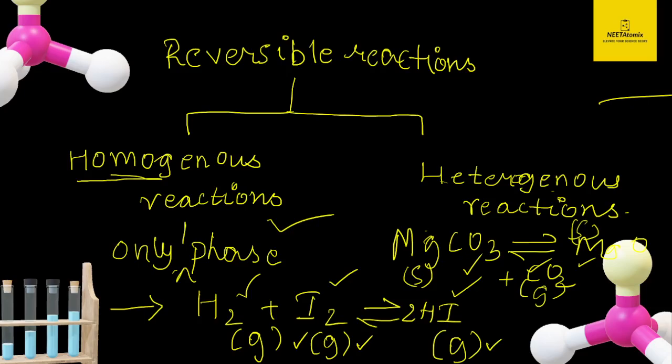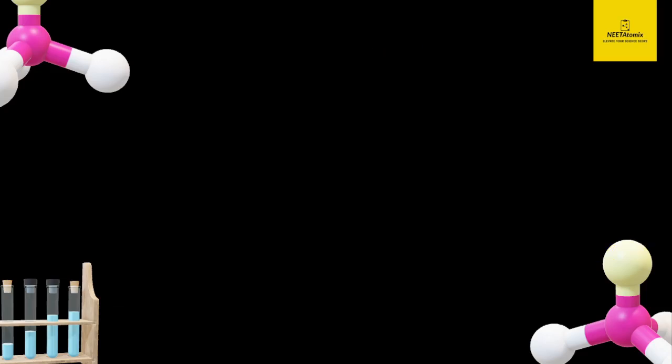For today's class, I will give you a short recap. Quick recap. Firstly, we discussed irreversible reactions. What are irreversible reactions? The reactions which convert from reactants to products only.